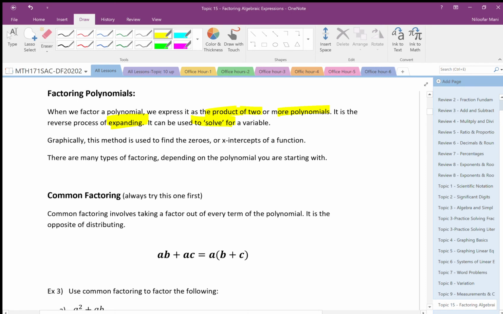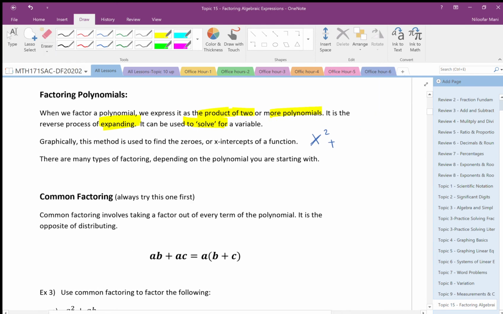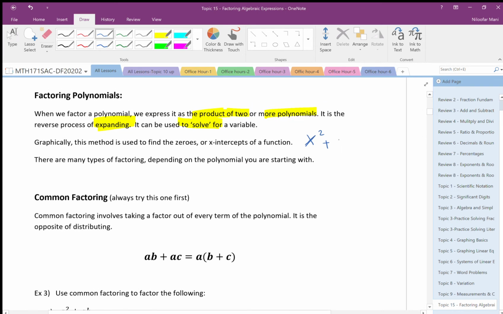Okay, so right now, for example, if I give you x squared plus 5x plus 6 equals 0, then I tell you to find x.